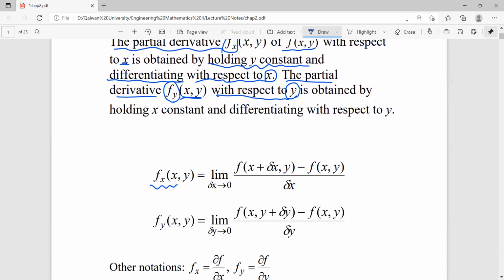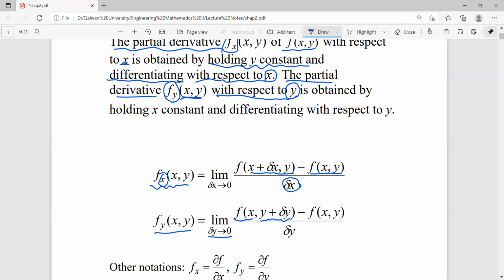We say f sub x of x, y is equal to the limit as delta x approaches 0 of f of x plus delta x and y minus f of x, y, divided by delta x. This is for f sub x. And f sub y is the limit as delta y approaches 0 of f of x and y plus delta y minus f of x, y, divided by delta y.